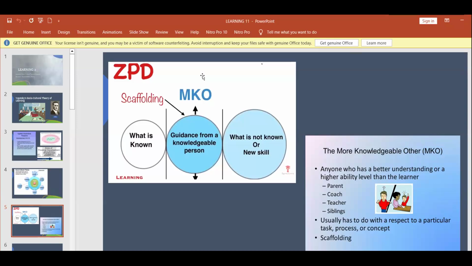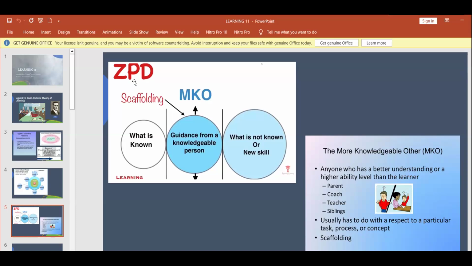So when you mix them up in pair work and group work, there will be more knowledgeable others in varied aspects of the task given. Guidance from a knowledgeable person, and that person may be a younger one also. You may not be an expert in playing the guitar, but there can be a junior who is, so when you work with him, you also learn from him.